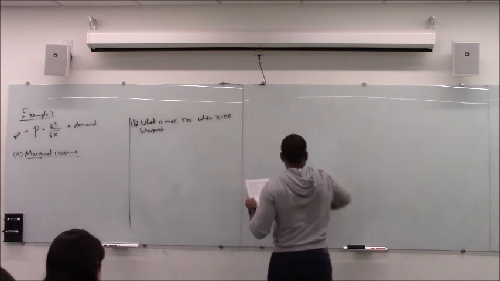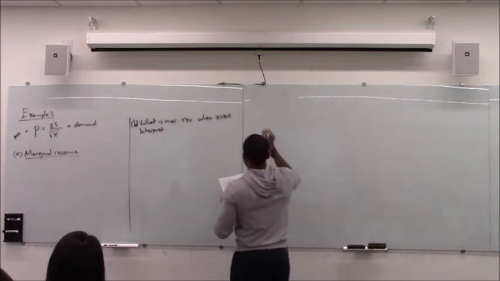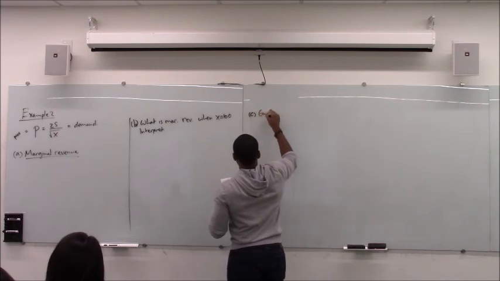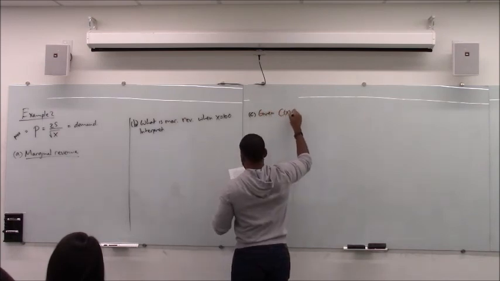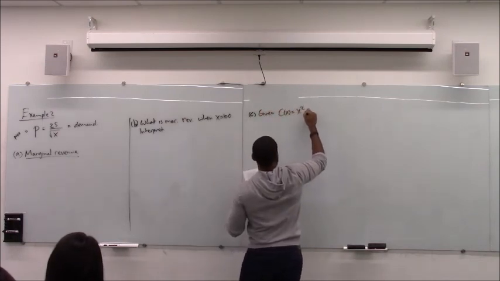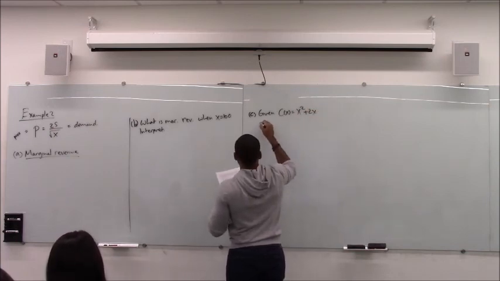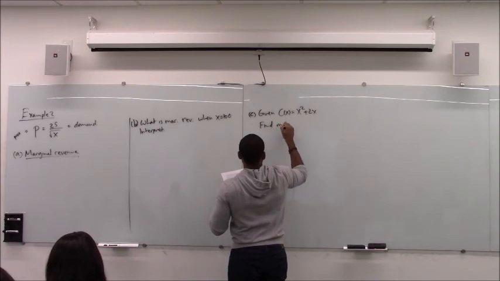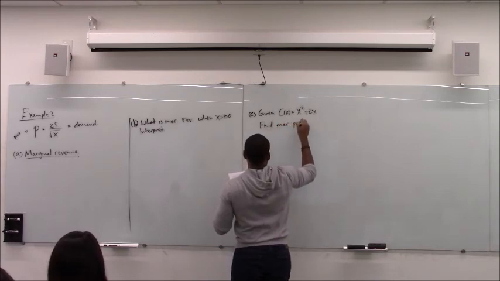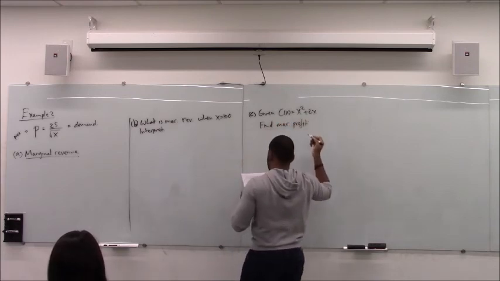And now we're given that the cost to produce x items is x squared plus 2x. Again, very simple. Find marginal profit. Of course, to find marginal profit, you're going to need to find profit.